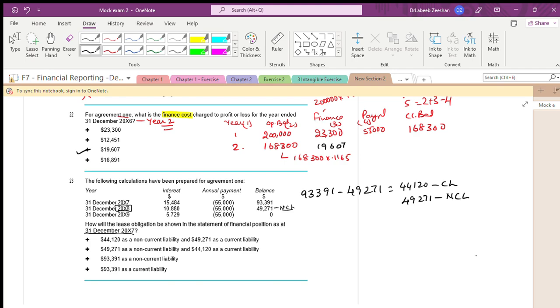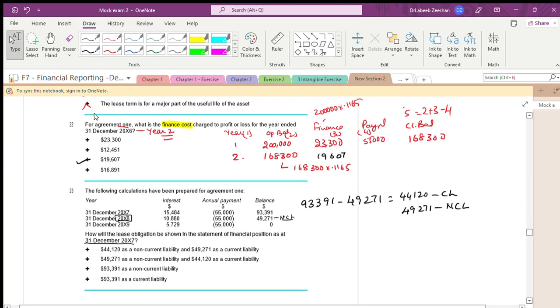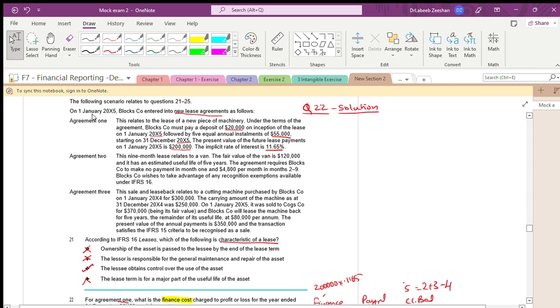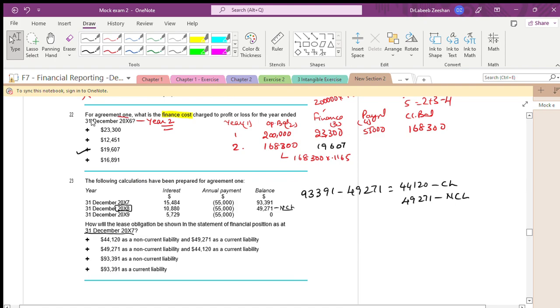At the end of this is 2008. When they are taking the lease, they have taken it on 2005. Is it right? 31/12/2005, 31/12/2006. Is it right? 31/12/2006.